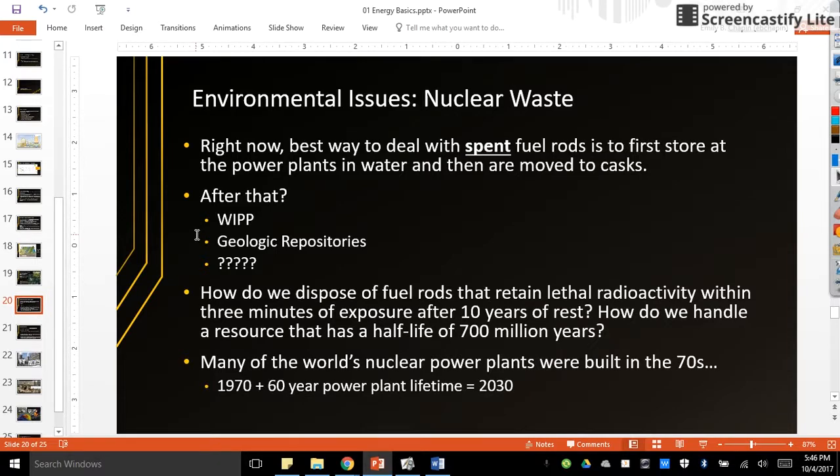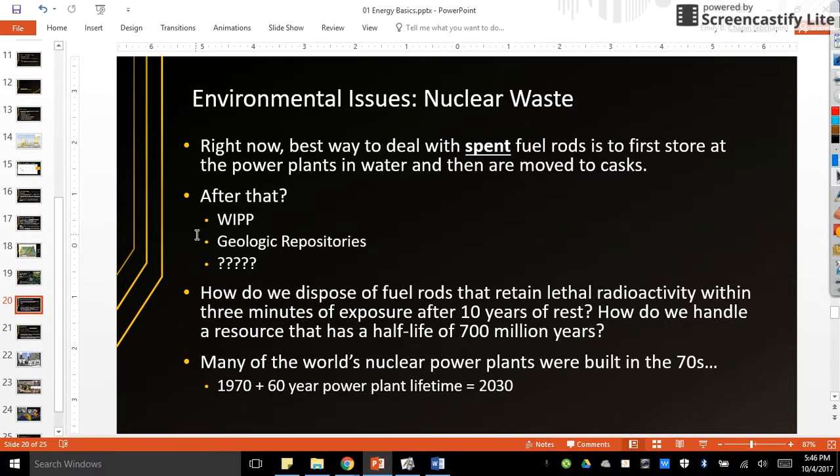The second big issue with nuclear power is the waste. When the fuel is used up in a fuel rod, it is called spent. Those spent fuel rods are stored in a nuclear power plant, and we put them in a big tank of water, and then we move them into something called a cask.